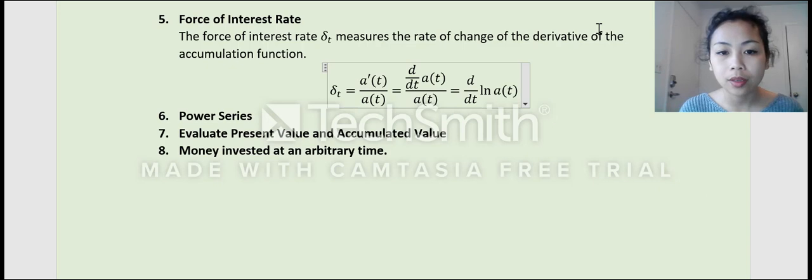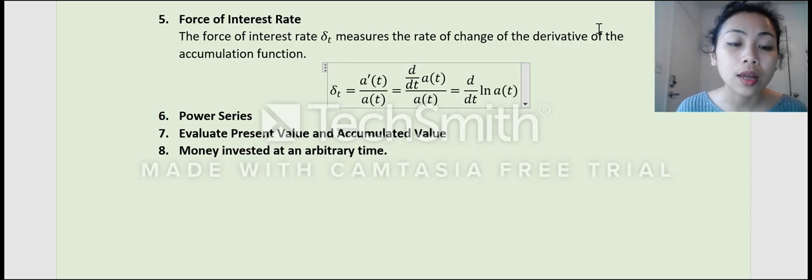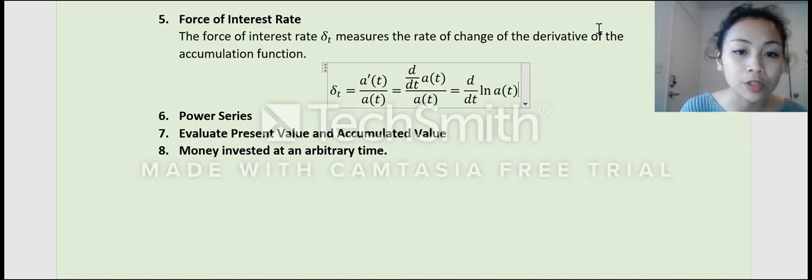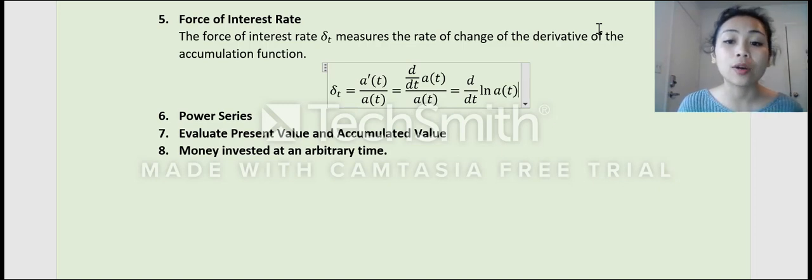So if you are given the accumulation function, it's easy for you to compute the force of interest rate delta t. However, in some cases, you are given the force of interest rate delta t, and you are asked to find the accumulation function a of t.